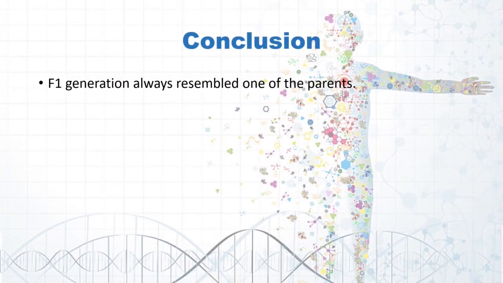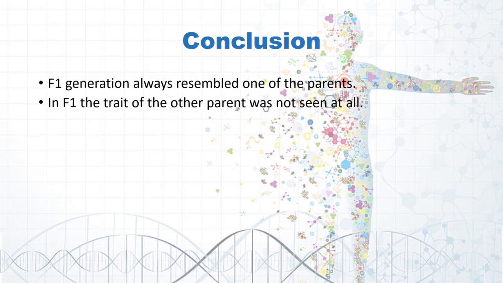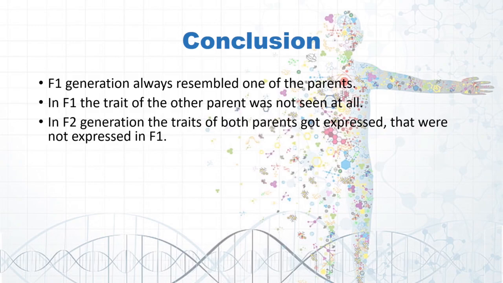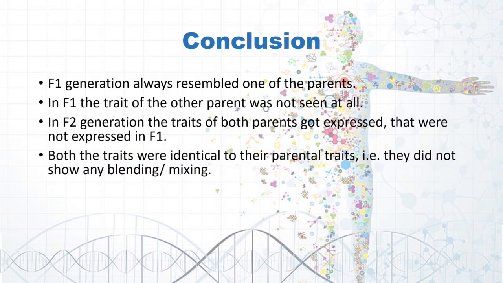Mendel concluded that in the F1 generation, the offspring always resembled one of the parents. In F1, the trait of the other parent was not seen at all. In the F2 generation, the traits of both parents got expressed that were not expressed in the F1 generation.